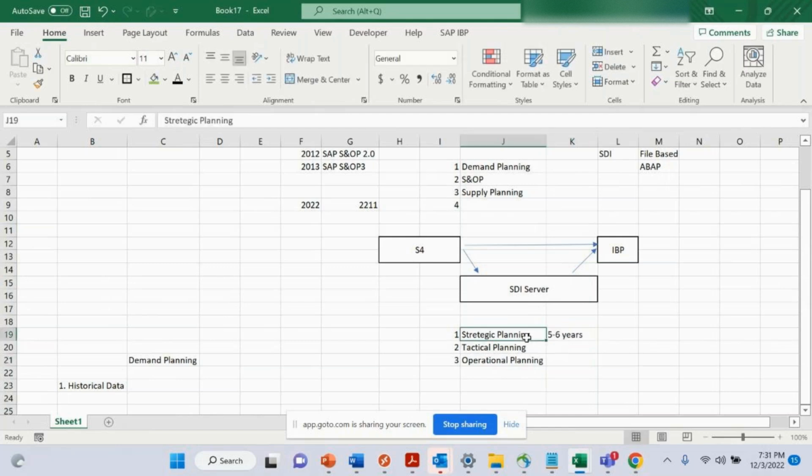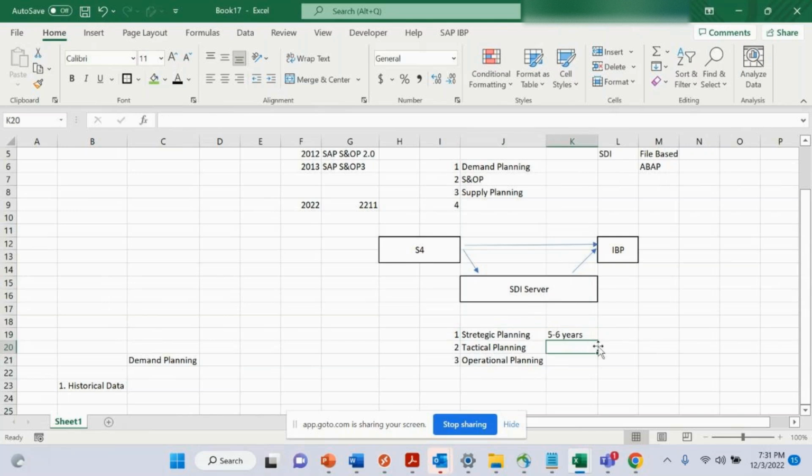In this planning, the top L1 level of business leadership sits together and sorts out the strategy, how our business will work in the coming 5 to 6 years in terms of revenue and quantity. That is, how much product we will sell in the market and how much revenue or profit we will earn. This is a very long term planning.